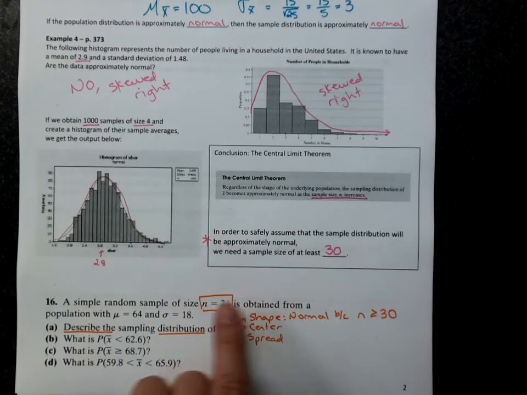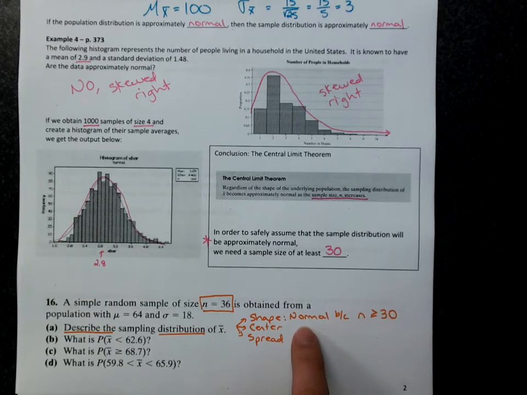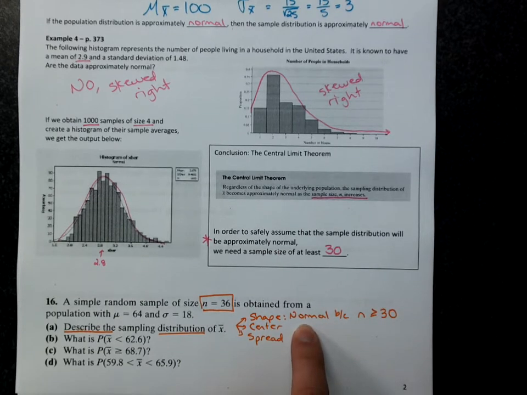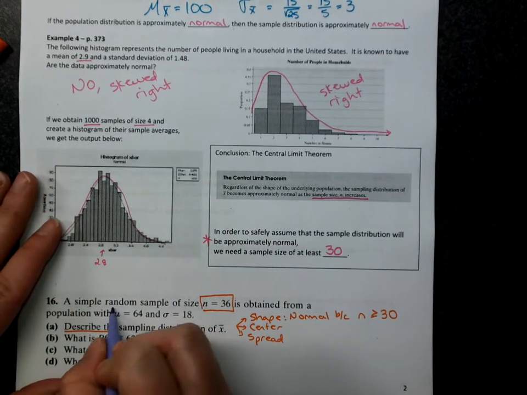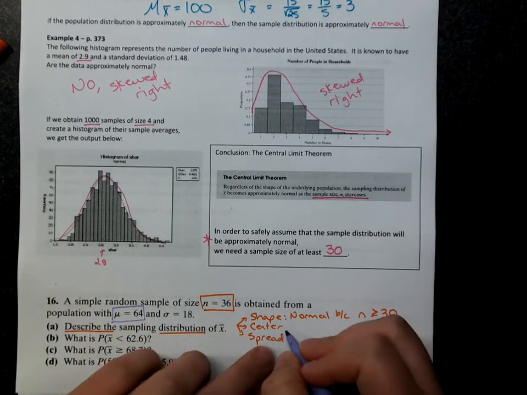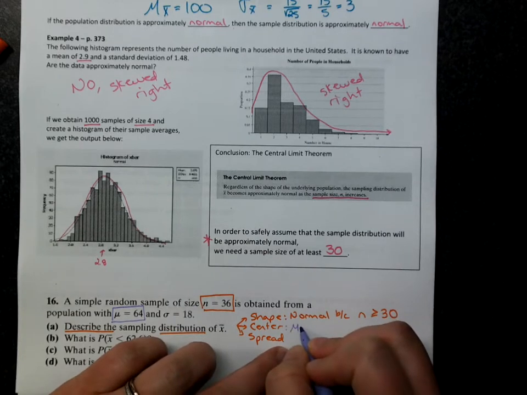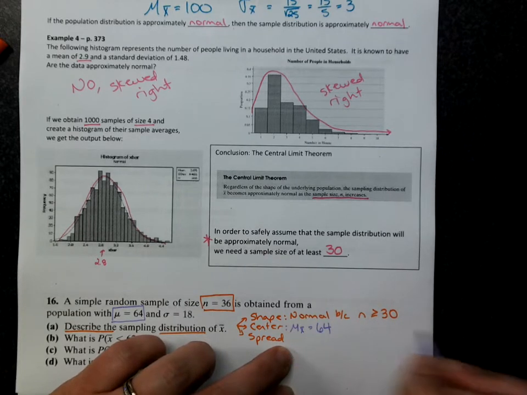As long as our sample size is at least 30, we can say that the distribution is normal or bell-shaped, even if it doesn't say so in the problem. The center never changes. The center is always the same as the population. So if the mean of the population is 64, the mean of all the samples will be around 64.